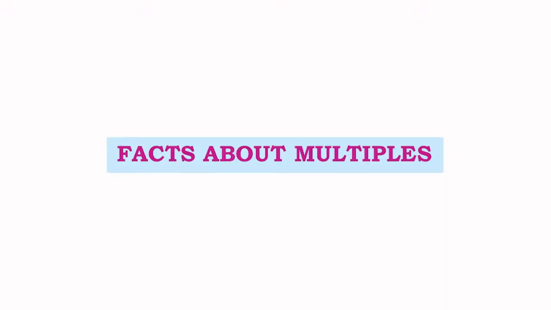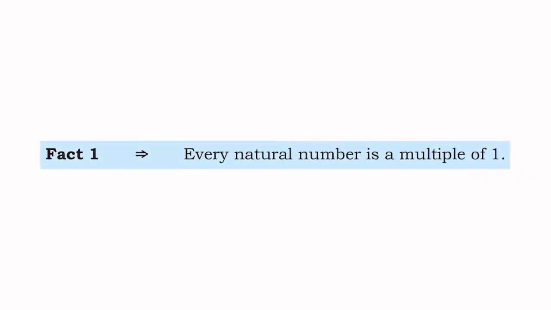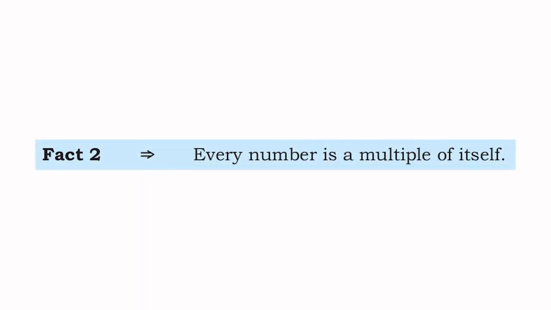Now let's look at some of the facts about multiples. The first fact, every natural number is a multiple of 1. Fact 2, every number is a multiple of itself. We've seen it in the earlier example. 3 is a multiple of 3, 4 is a multiple of 4 and so on. How about fact 3?